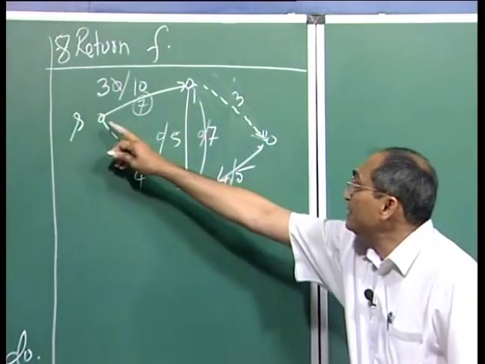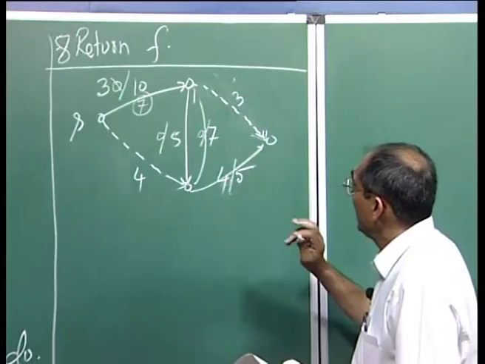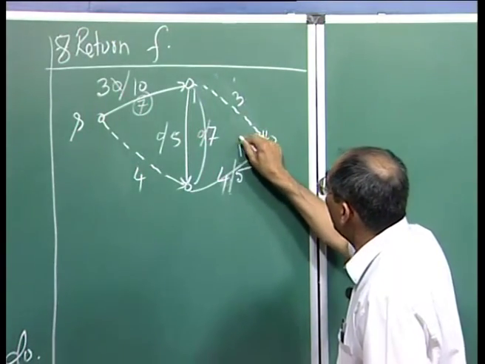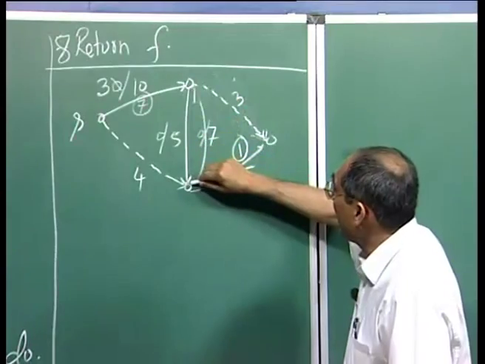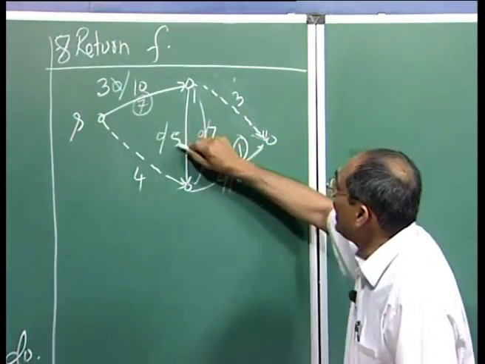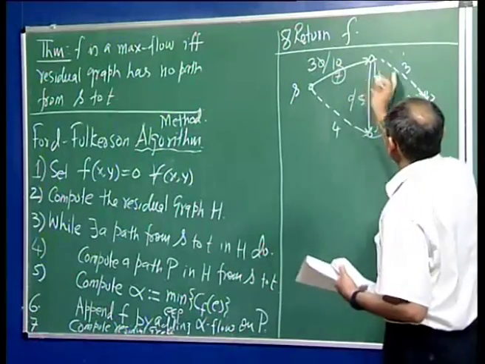Still there is a path which goes like this, this and this. Here the residual capacity is 1, it is 7 here. This has 5. So, we have 1, 5 and 7, the minimum being 1. I can augment 1 here.